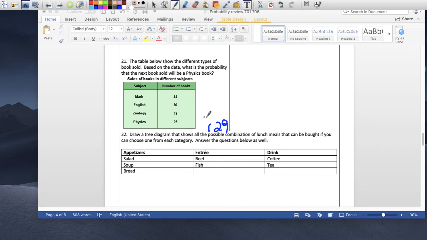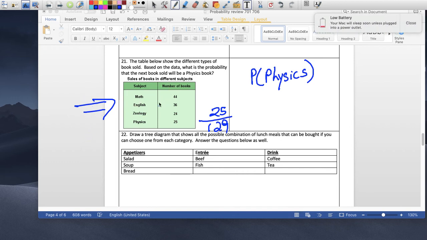129 books were sold. And out of that, how many were physics? 25. So if the next customer came in and we wanted to predict what's the probability that the next person who comes into this bookstore buys a physics book, well, based on all the customers during the day that came previously to this new customer, the probability that the next person coming in will choose a physics book is 25 out of 129.